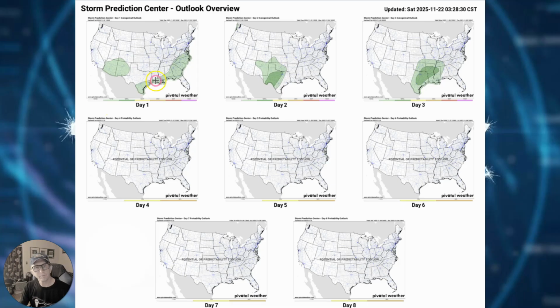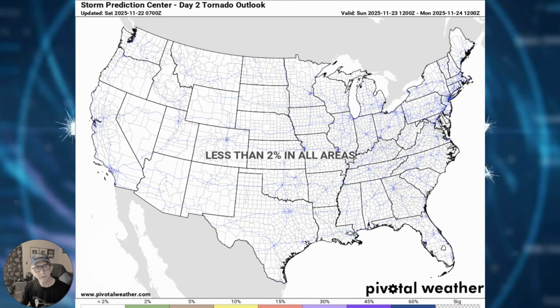As for severe weather, looks like today just a chance of general thunderstorms indicated up here, and that threat returning to Texas again in the next 2 days and moving further east here. And so if we look at that a little bit closer for day 2, tornado risk less than 2% in all areas.